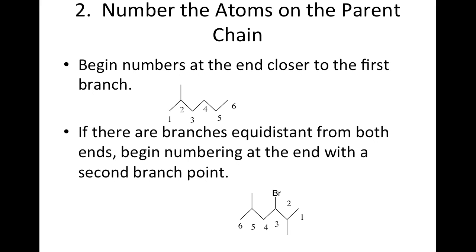So in this example, you have a methyl coming off 1 carbon in from both ends, here and here. So now we're going to let this second branch point determine which end we begin numbering at. So this next branch point is closer to the right side, so we're going to begin numbering at the right-hand side. Now I'm going to take this example and we're going to take it to completion and name it in the next slide.